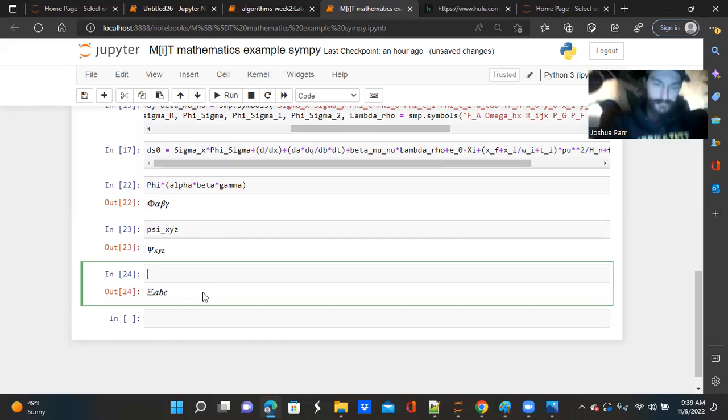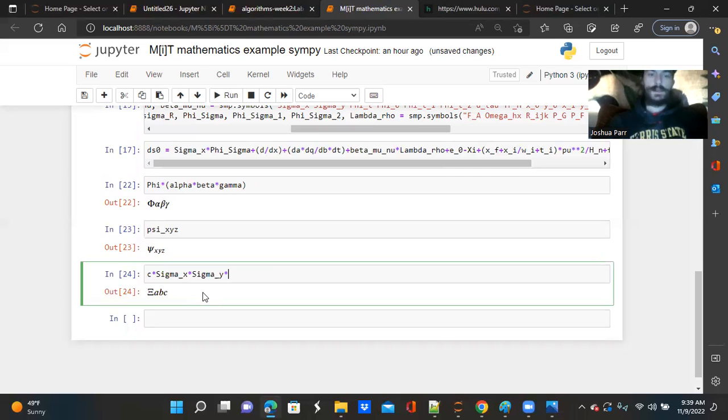So firstly, I want to show you. We're going to take the constant times sigma x times sigma y.